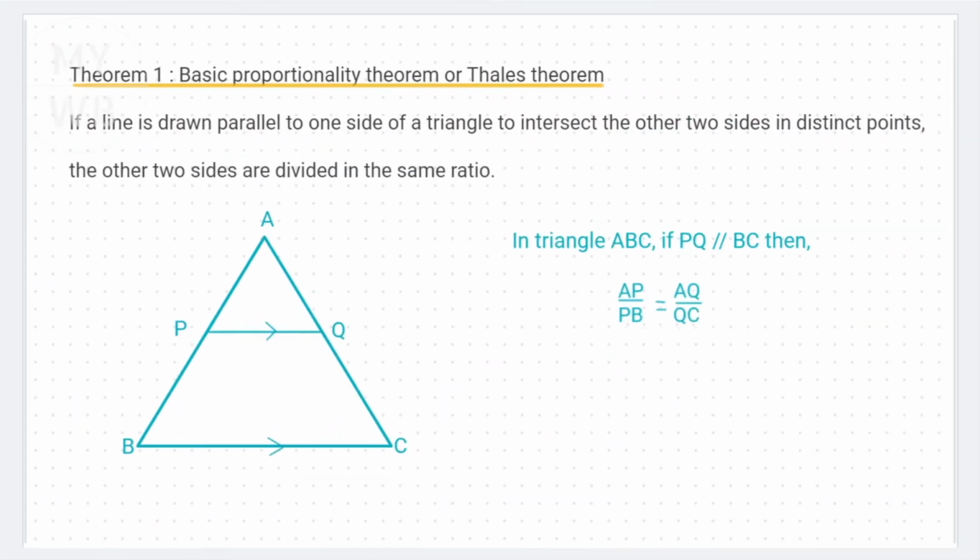Next, basic proportionality theorem or Thales theorem. This is the first theorem in this chapter. If a line is drawn parallel to one side of a triangle to intersect the other two sides in distinct points, the other two sides are divided in the same ratio.